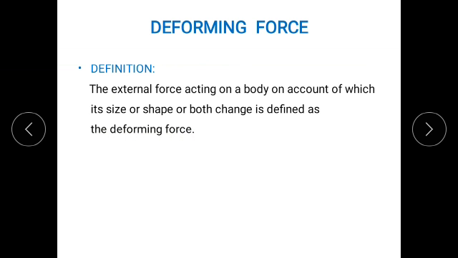In other words, the force which is responsible to deform the shape and size of a body is called a deforming force, and it is the external force.